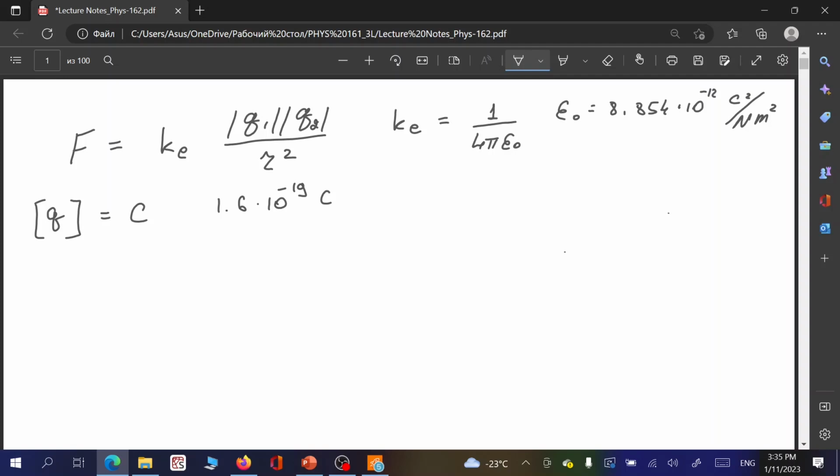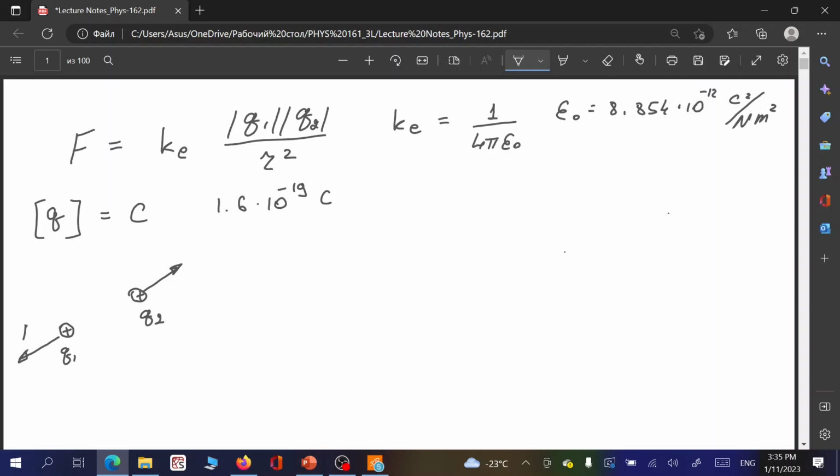Now, as we mentioned earlier, if we have two charges with the same sign, there is some repulsion between them. Let this be Q1, this is Q2. According to the third law of motion, the forces exerted on each other's electric charge should be aligned in opposite directions and possess the same magnitude.